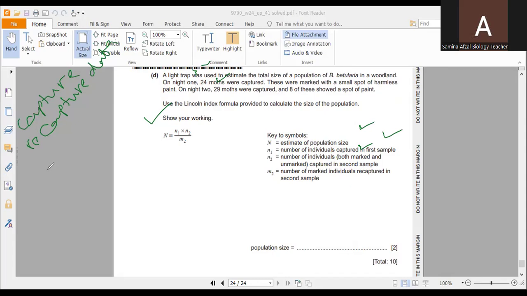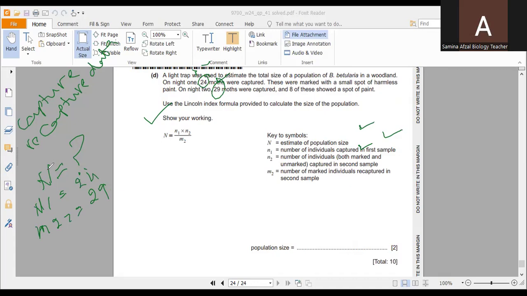So here we have to find out the capital N. N1 is equal to 24, and N2 is 29.